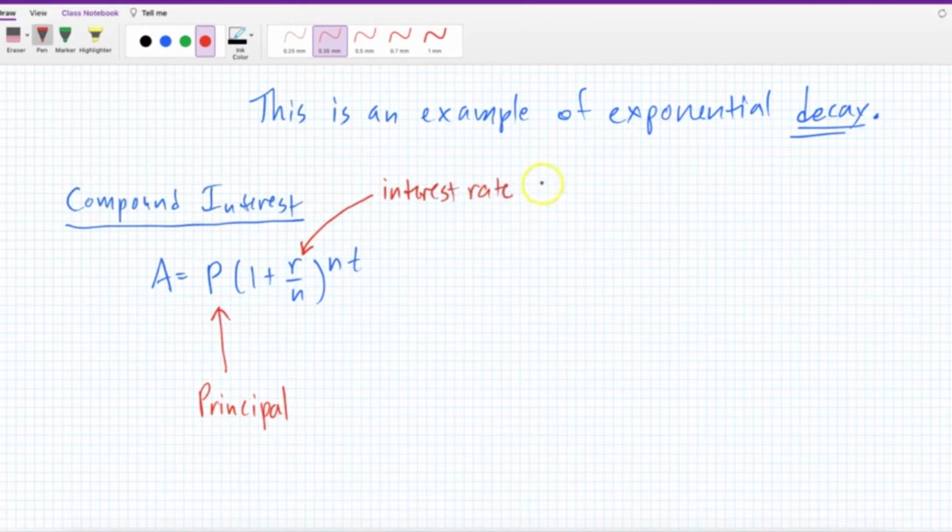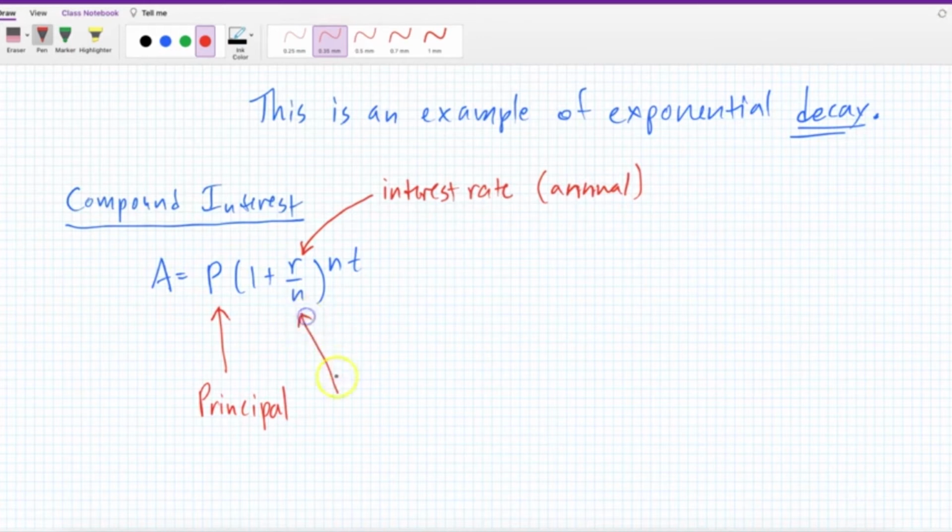It's usually given to you as a percent, and usually people convert it to a decimal when they put it in the formula. Okay, interest rate might be something like, say, 0.82%, right? And then you would convert that to the decimal 0.0082 and put that in for R. Generally assume that is an annual interest rate. If someone wants it to be something other than an annual interest rate, they will have to specify. But if they don't specify, they mean annual.